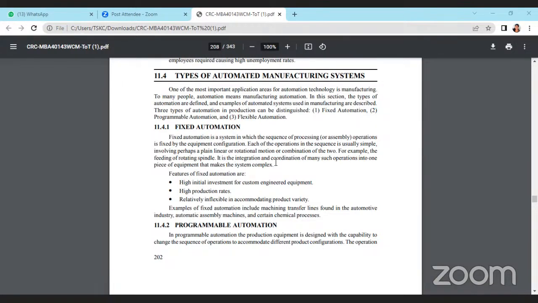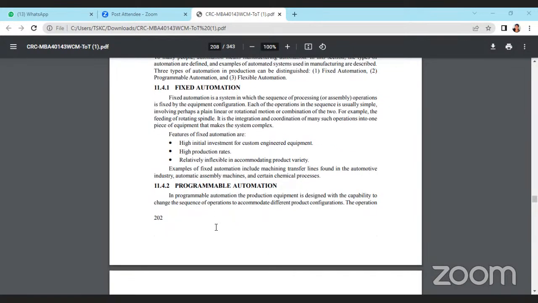Or it is the integration and coordination of many such operations into one piece of equipment that makes the system complex.